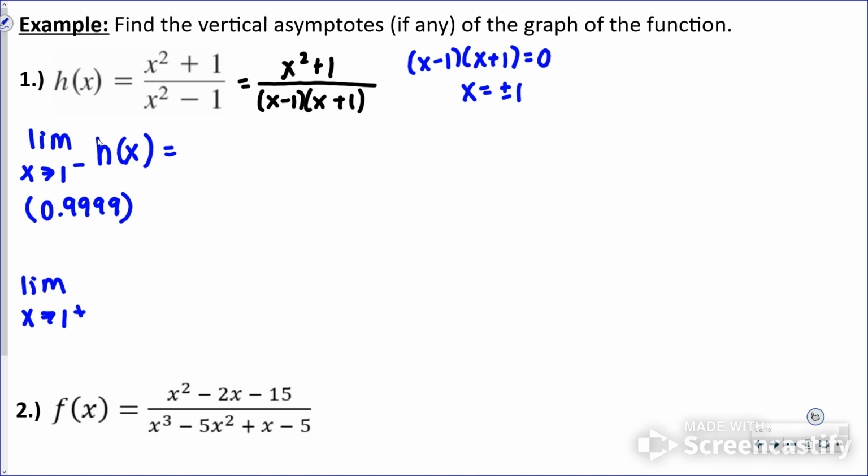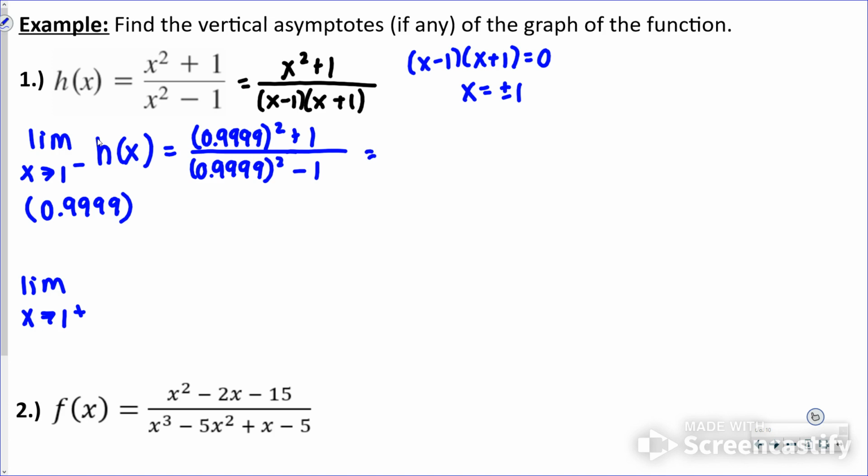So this is what I do if there's not any algebra I can do to try and direct substitute this. So you can either plug it into this version of your equation or the factored version. It doesn't matter. I did it just in the original version. So if I have 0.9999 squared, minus 1, and then I have 0.9999 squared plus 1.